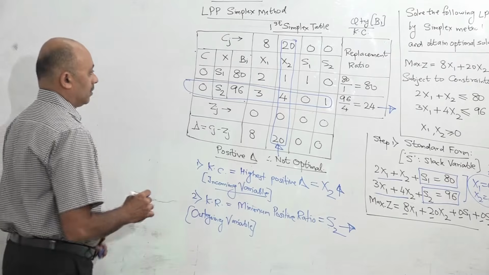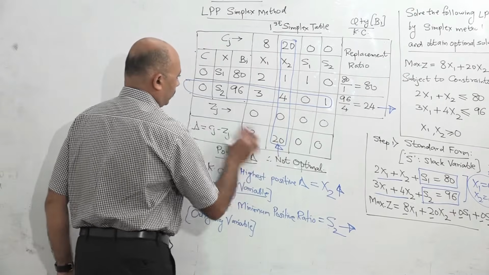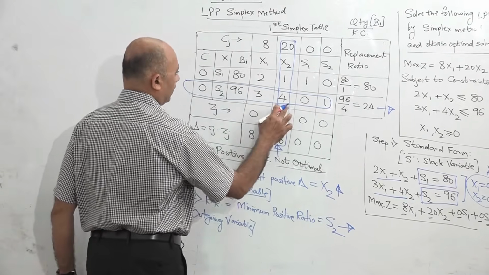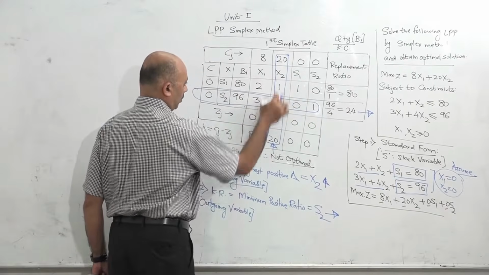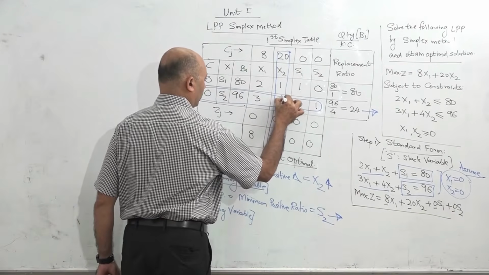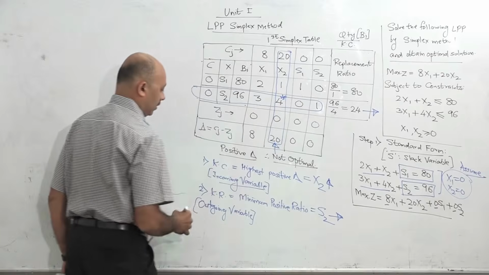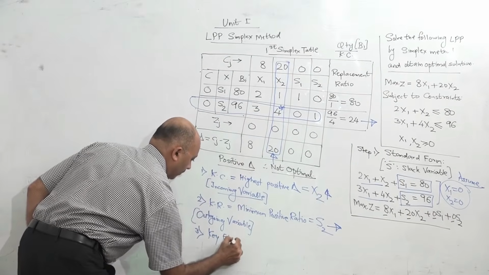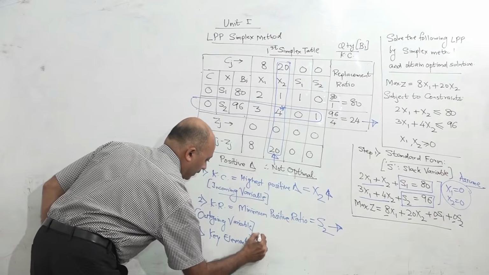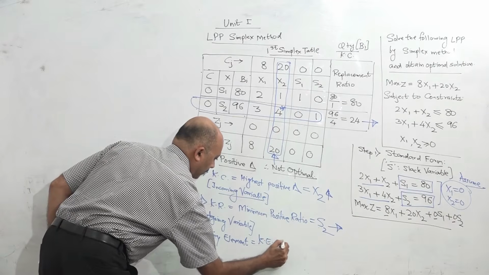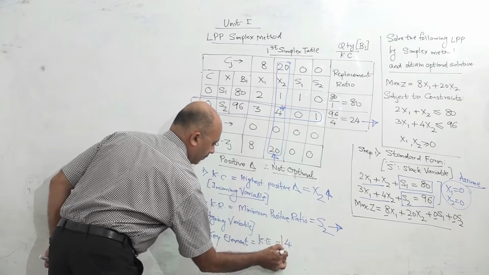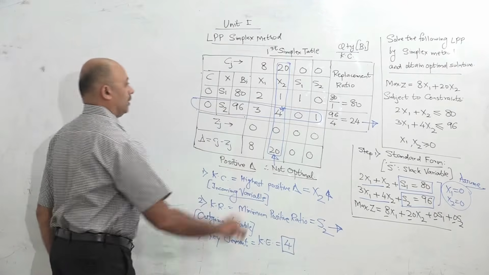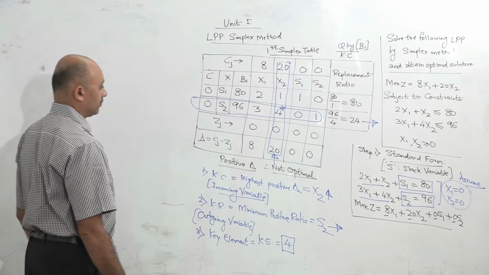Okay, now our table is complete, and this intersection value of KR and KC, the key column and key row, this is the intersection value. Mark it with a star, that is 4, and that is what we call the key element, or KE, equal to 4. Now our first table is complete.